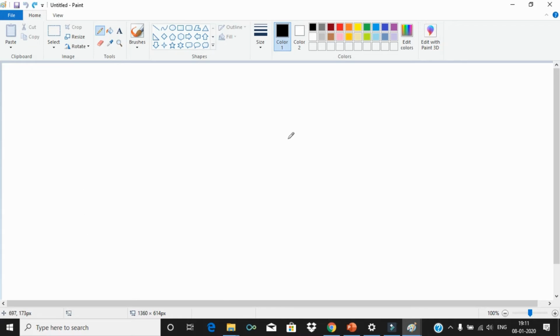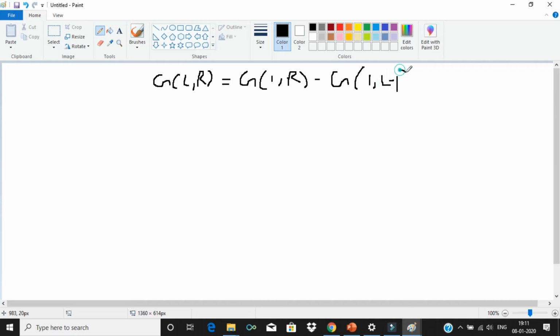Now, to simplify the problem further, instead of calculating g(l, r), we will compute g(1 to r) and subtract those that are not included in the range, that is 1 to l minus 1. This is the same as the answer that we want. Why?